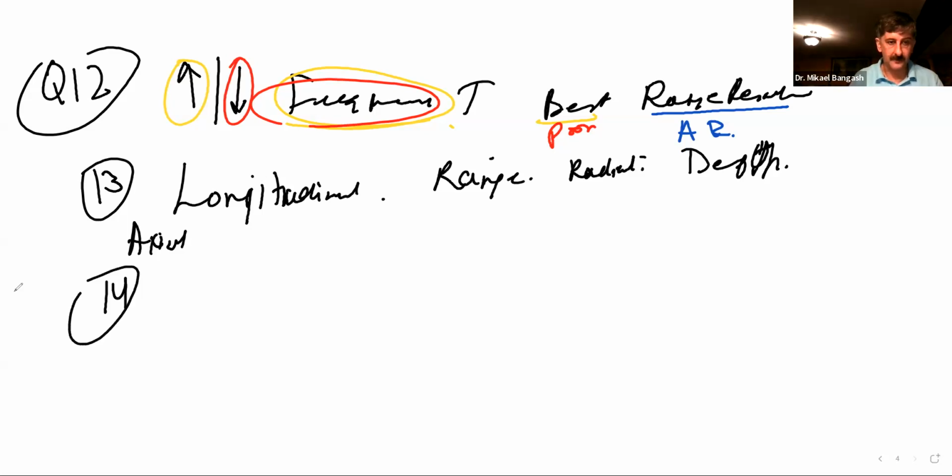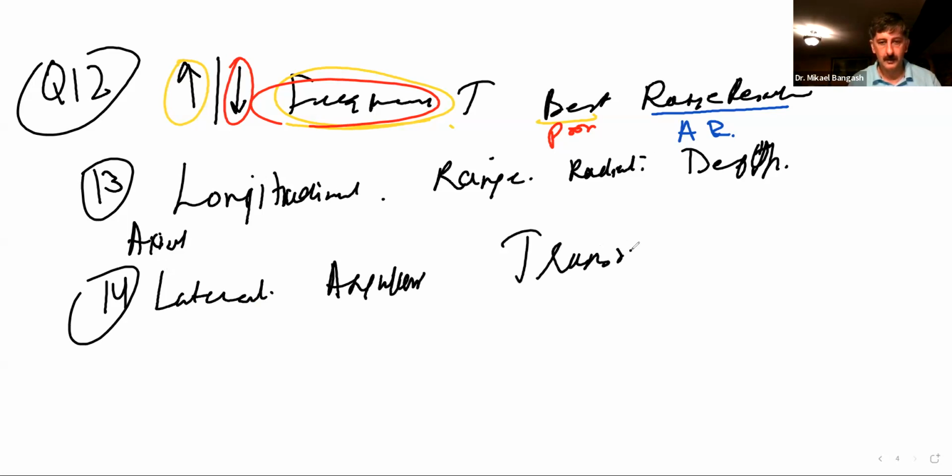Question 14 is just the same, but asking about your lateral resolution, which was angular, transverse, and azimuthal.